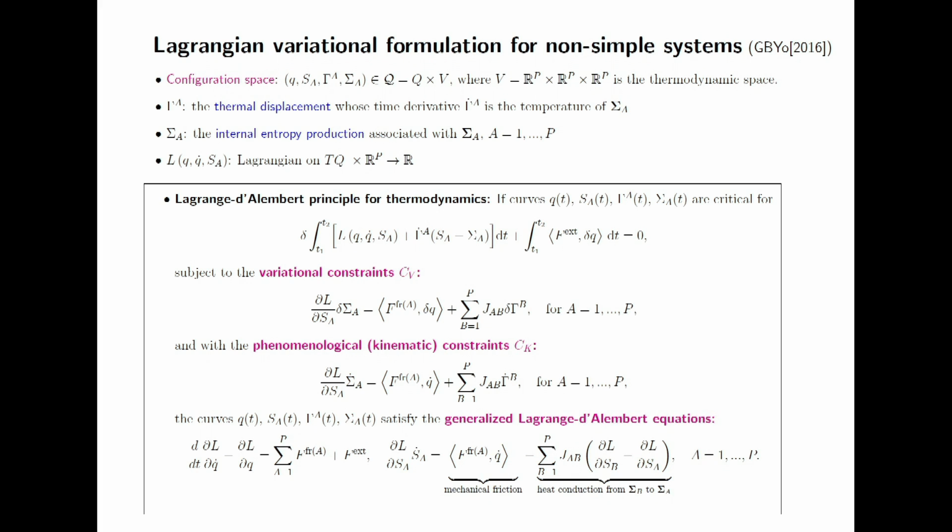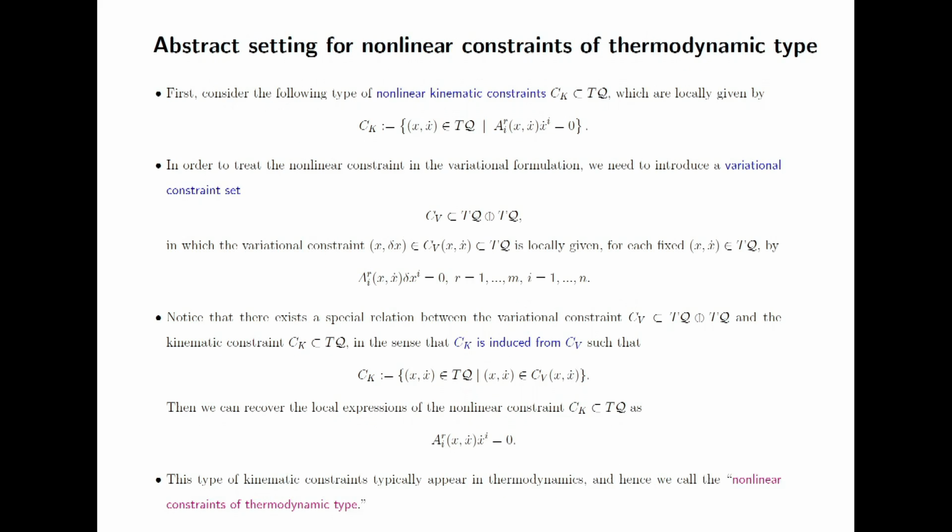As I said, it is a nonlinear non-holonomic constraint in general. It is given in this form, a coefficient times x dot. So it is quite nonlinear, and this is annoying.